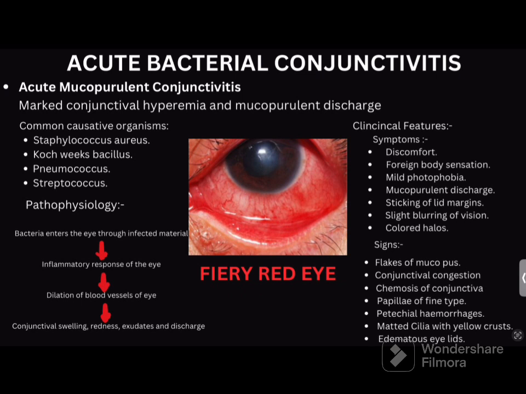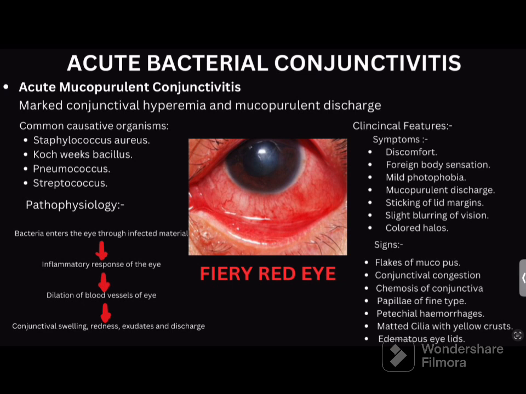So what is acute bacterial conjunctivitis? It is characterized by marked conjunctival hyperemia, that means severe type. So marked conjunctival hyperemia with mucopurulent discharge from the eye is called acute conjunctivitis. Clinically, you call it acute mucopurulent conjunctivitis.